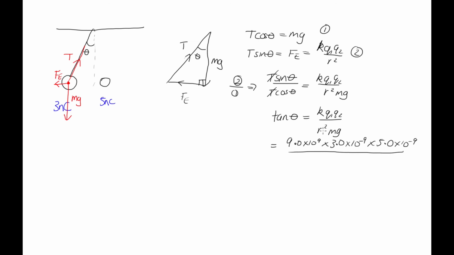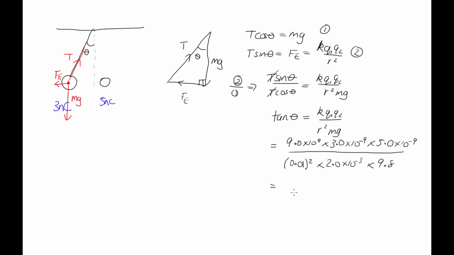And then r squared, that's the distance between the 2 point charges. So that's 1 centimeter. So we can write that as 0.01 meters, and then we need to square it. And then times the mass, and we were told that the mass of the ball was 2 grams. So that's 2 times 10 to the minus 3 kilograms, and then times g, which we know is 9.8.